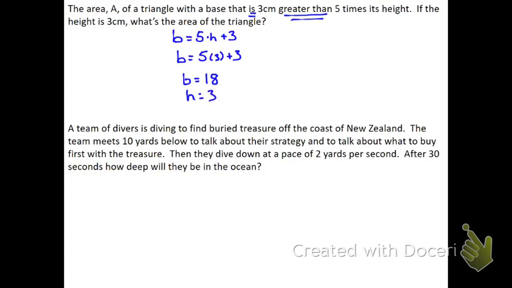In order to find the area of a triangle, the equation is area equals 1/2 base times height. So our area would equal 1/2 times base, which is 18, times height, which is 3.